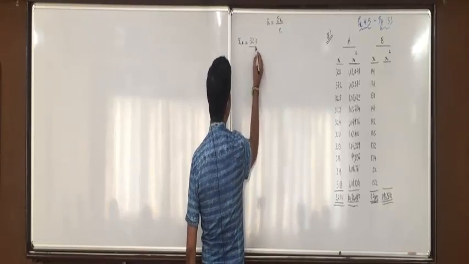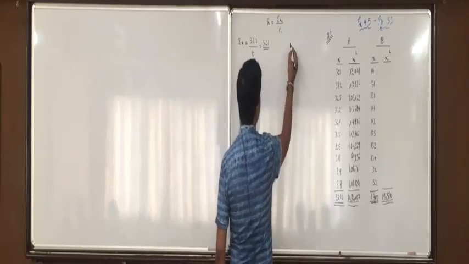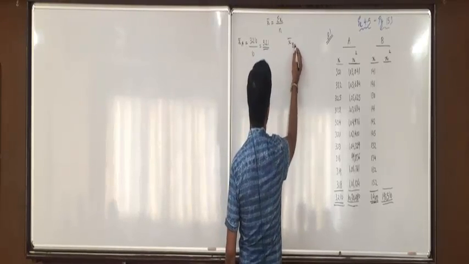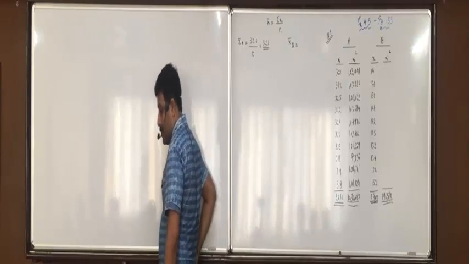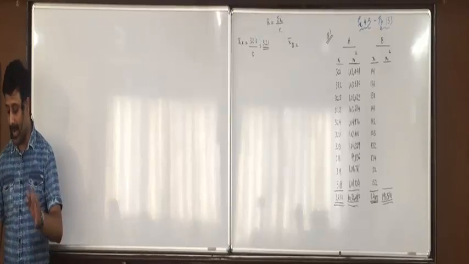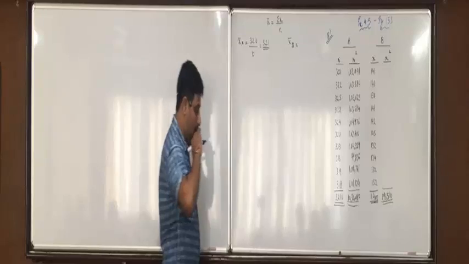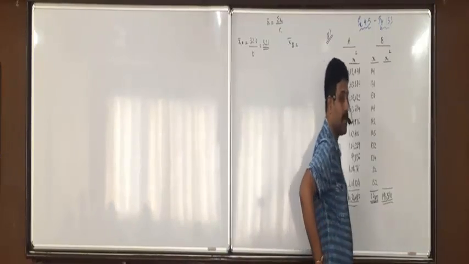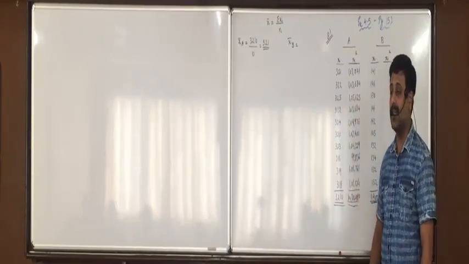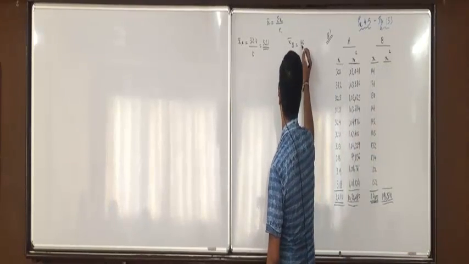Divided by n is 10, so 321. Now on the right side, find out x bar of B on your own. Did you understand this? Yes, 1400 upon 10. Do you all get 140?